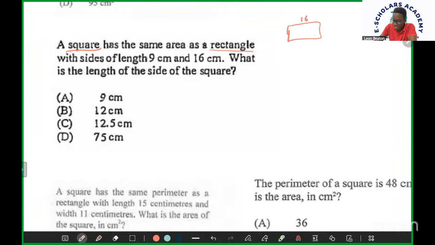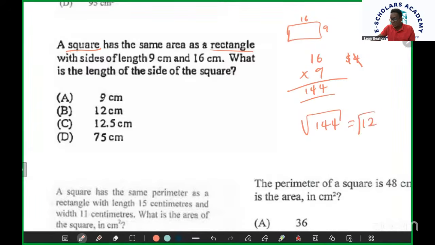It's 16 times 9, which is 144. So 144 is the area of the rectangle, and it would be the area of the square as well. So we just find the square root of 144, because all the sides in a square are equal, and the square root of 144 is 12. Hence, one side of the square will be 12 cm. Nice and easy there.